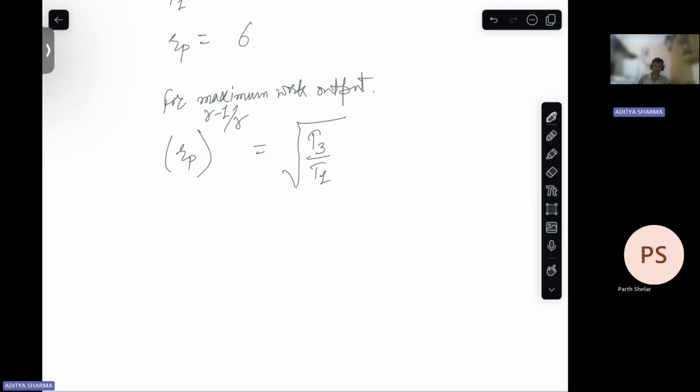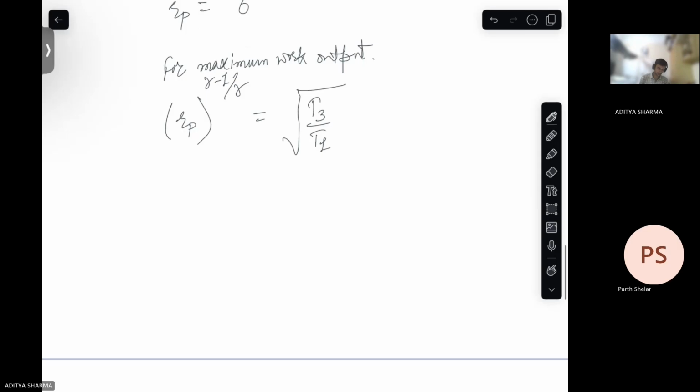So this is for maximum work output. Now let's place values.